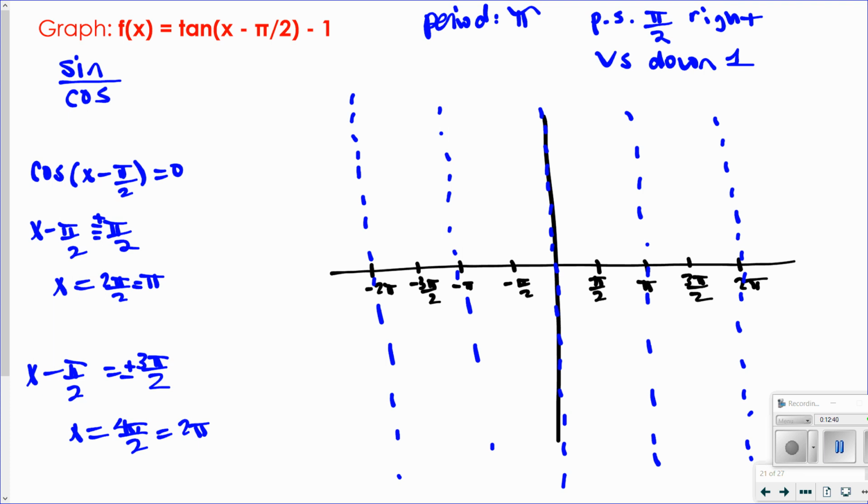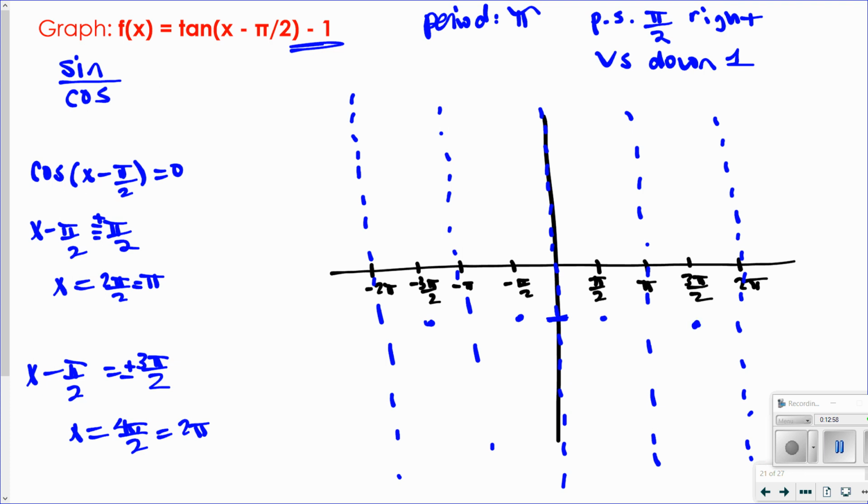Okay? And then the other thing we have to do with this graph is this shift down 1 is important because, again, that's kind of where that turning point of each branch will be. So I'm going to put that point in here between my asymptotes.